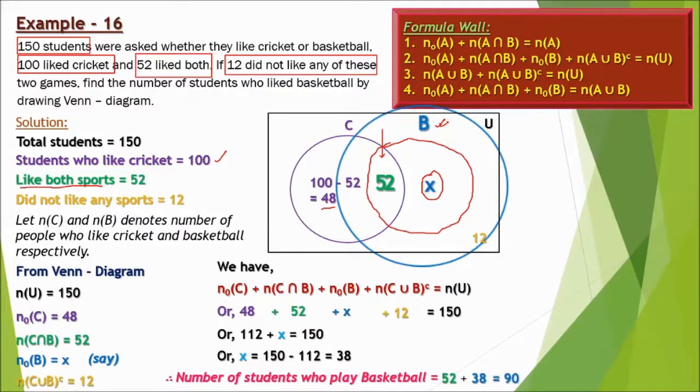So 90 students like basketball, like to play basketball or follow basketball. The total number of students who play or like basketball is 90.